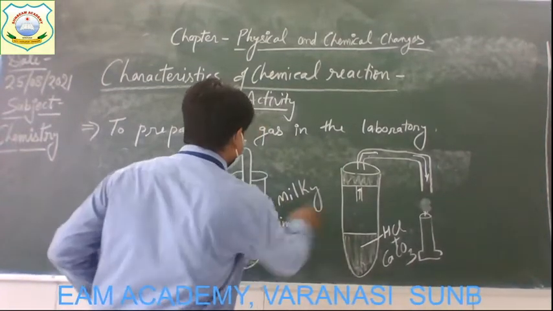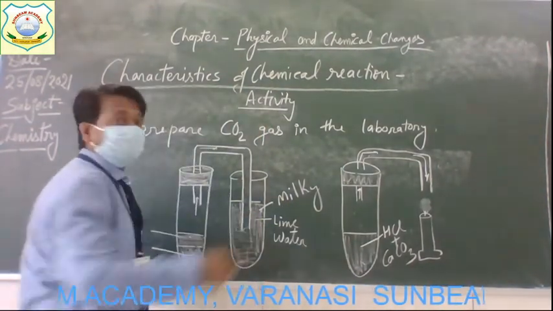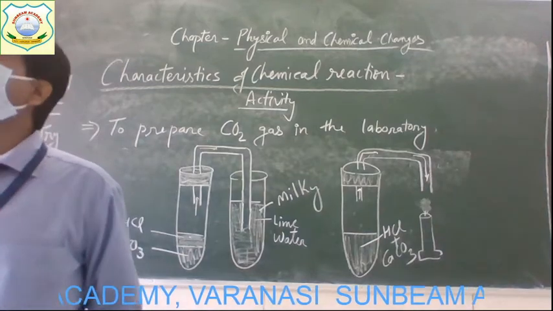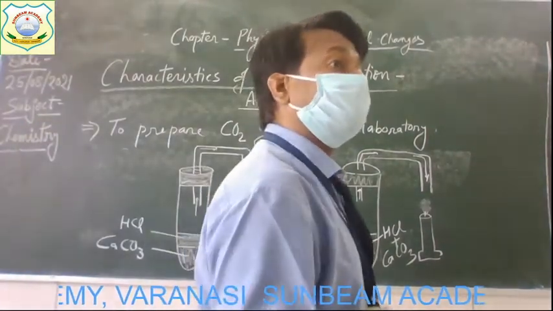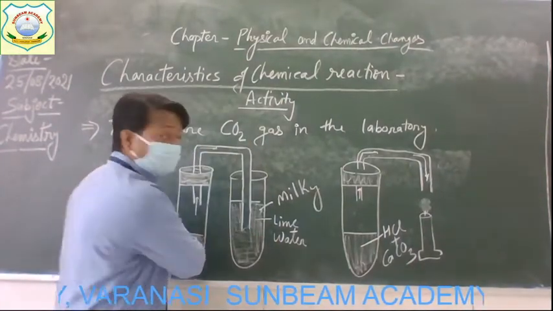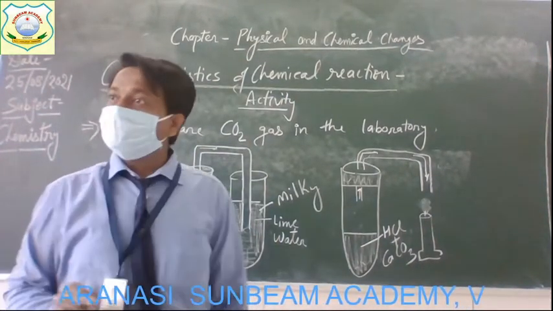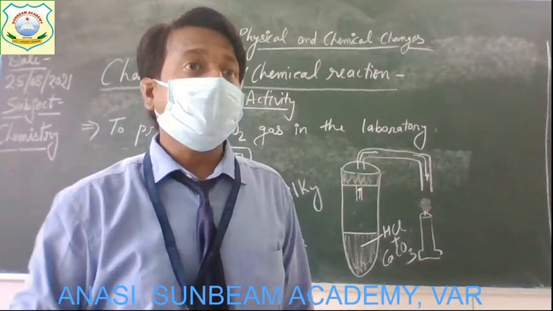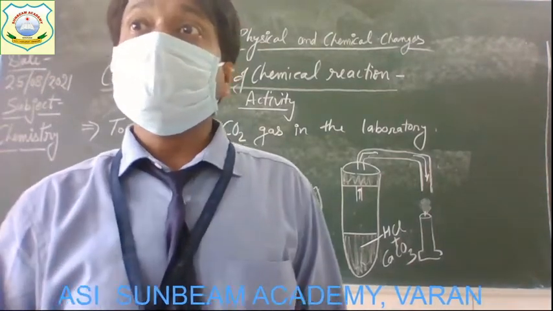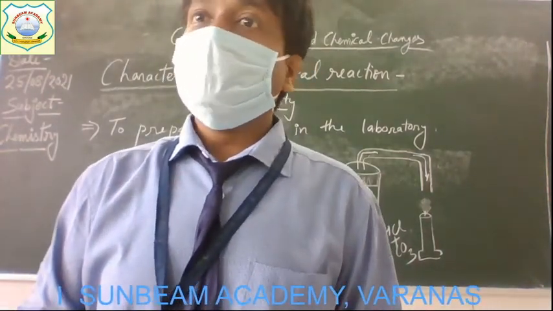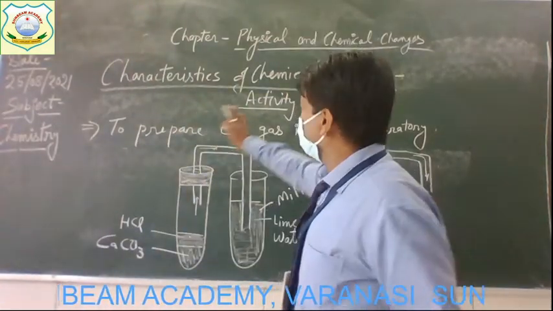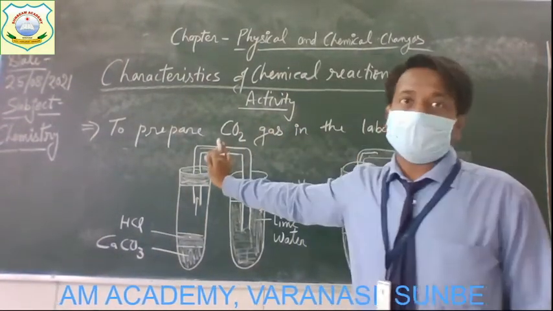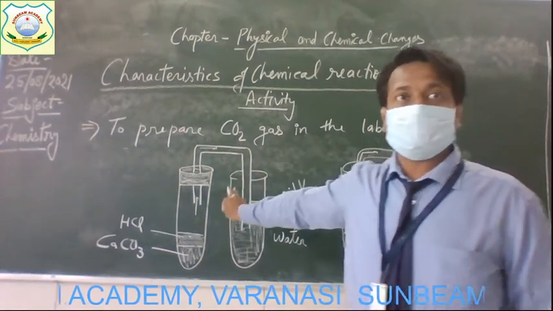So by these two ways, we can prove that the gas coming from the reaction of hydrochloric acid and calcium carbonate is carbon dioxide gas. Understood everyone? So in the laboratory, we can prepare carbon dioxide gas this way.